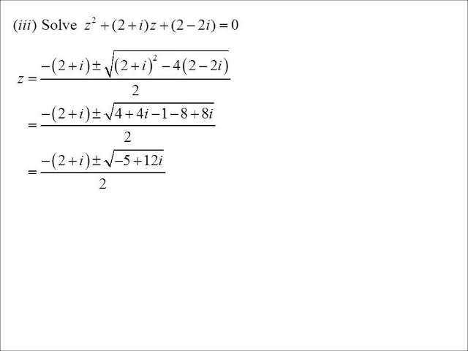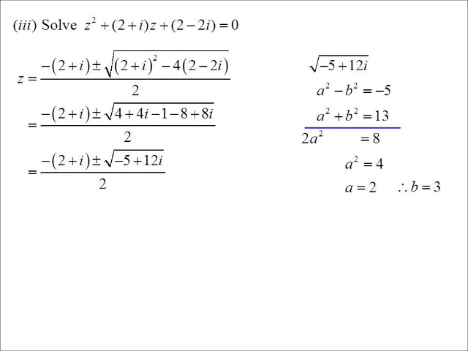I know this one will work out nicely. So just on the right hand side, I'll work out what the square root is. So square roots, a squared minus b squared will give me the real part. A squared plus b squared, well, the Pythagorean triad, 5, 12, 13. Solve them simultaneously. I've got a is 2. That makes b equal to 3.